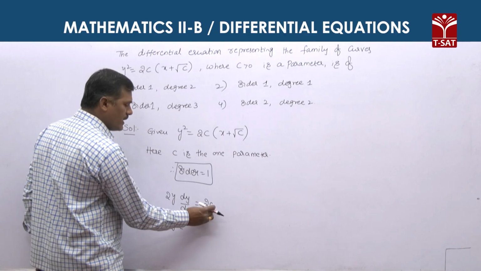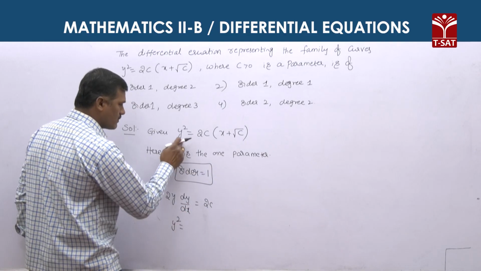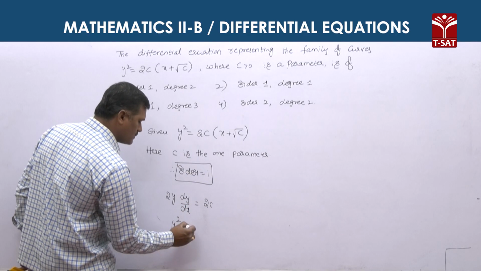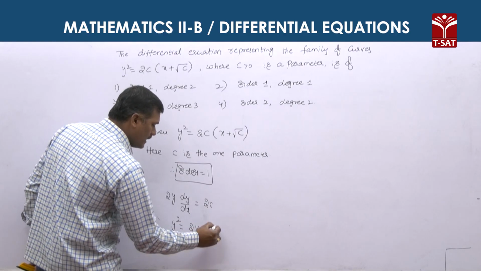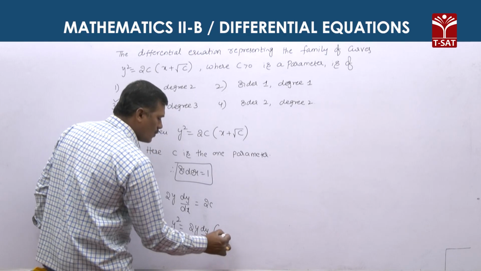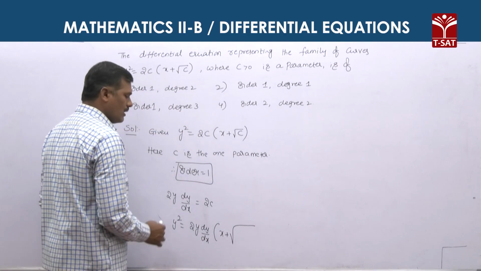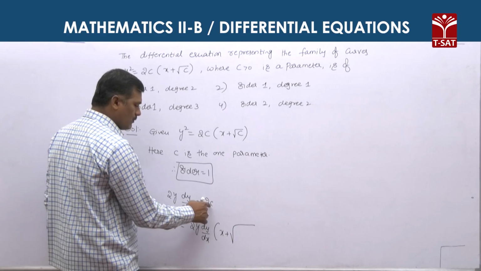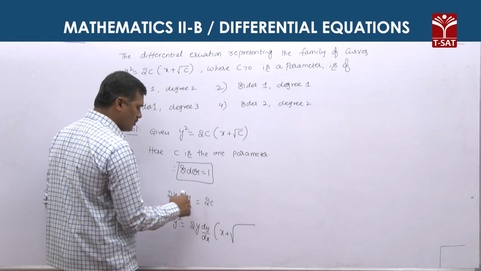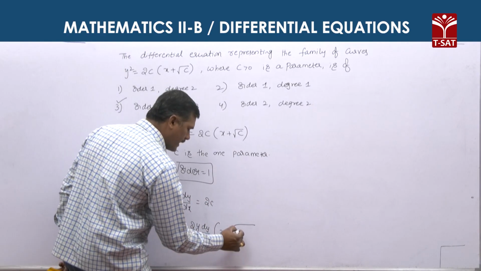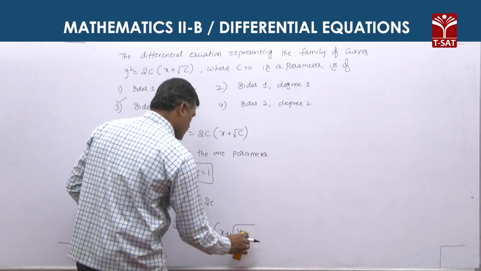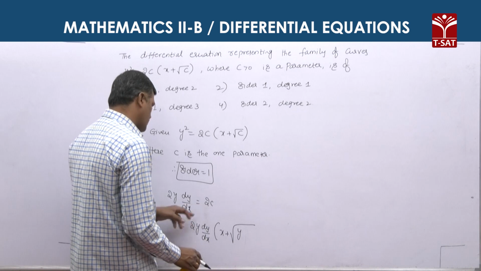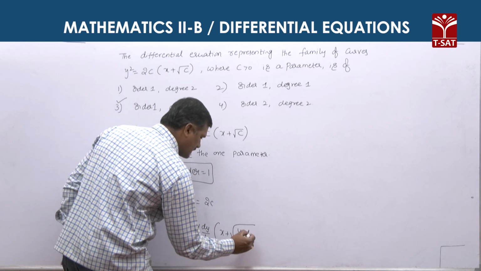Now substitute in place of 2c this value, y square equals 2y into dy by dx into x plus root c value. Now we will cancel only here the c value, 2 will go, c is equal to y into dy by dx.